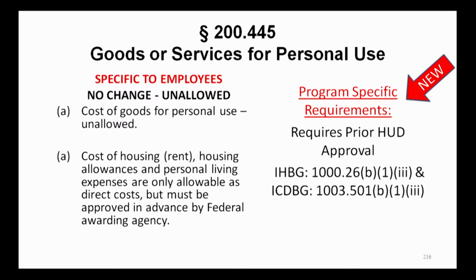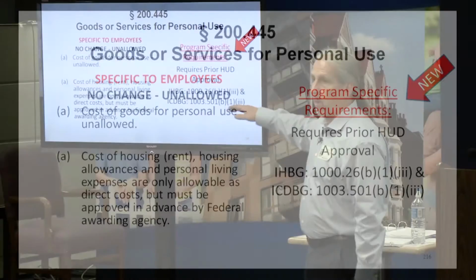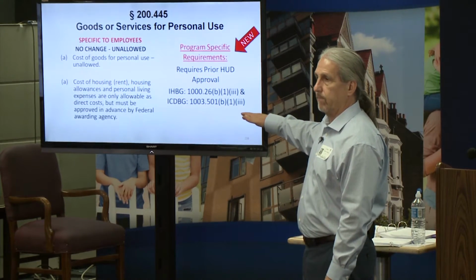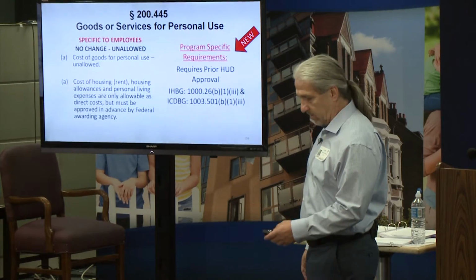So we've covered that. That is a program-specific requirement that does require specific HUD approval. So if you decided to go, hey, I didn't know we could do that, we can add some housing costs to sweeten the deal because, hey, they have a hard time attracting qualified directors to our program. So we decide we want to add that to our salary package, some housing allowances. It will require HUD prior approval to do that for both the IHBG and the ICDBG.